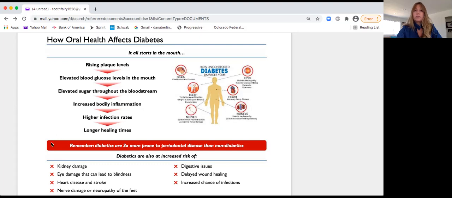Remember, diabetics are 3 times more prone to periodontal disease than non-diabetics. Diabetics are also at an increased risk of kidney damage, eye damage that can lead to blindness, heart disease and stroke, nerve damage and neuropathy of the feet, digestive issues, delayed wound healing, and increased chance of infections.